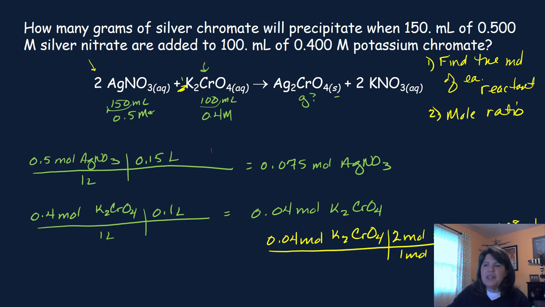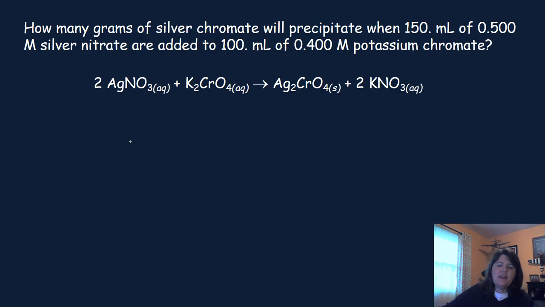And what's that word we need? Needed. So if I compare this amount to this amount, I can see that I need a lot more than I actually have. Therefore, I'm going to run out of the silver nitrate. The silver nitrate becomes my limiting reactant.